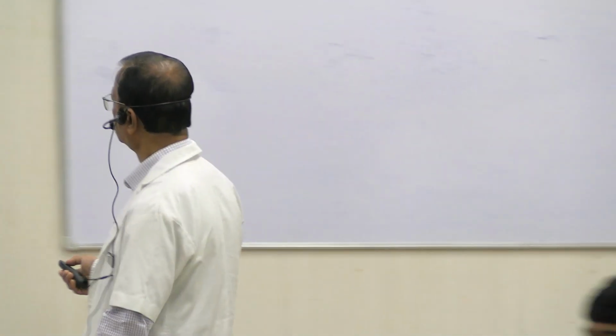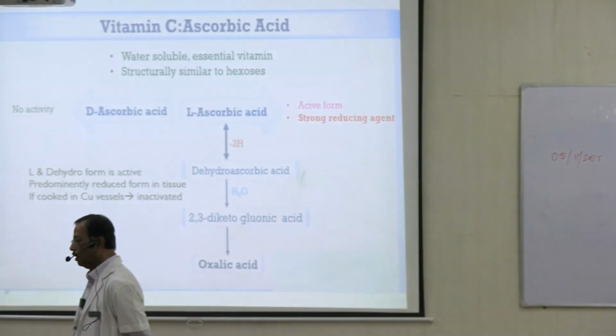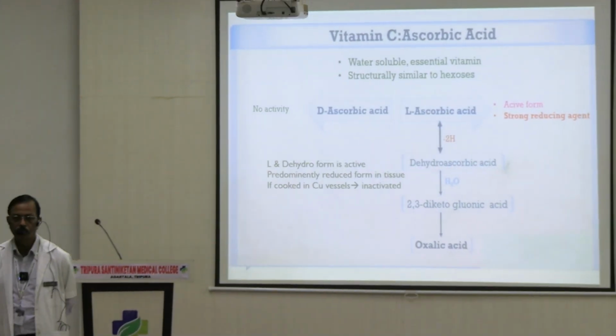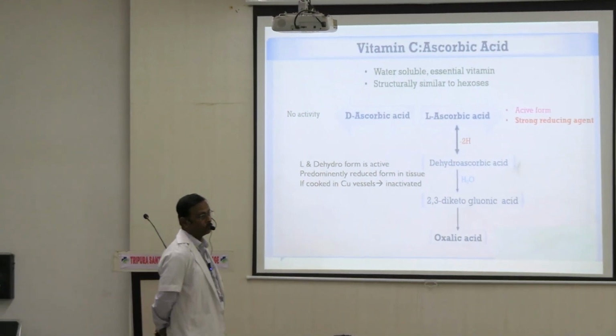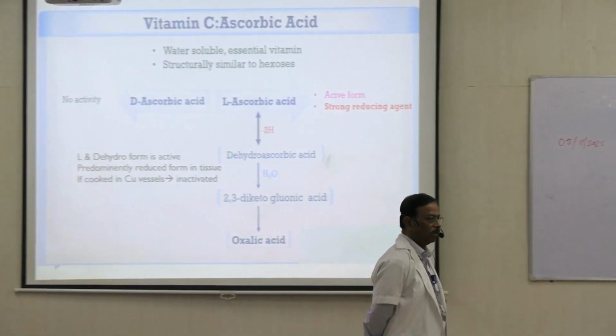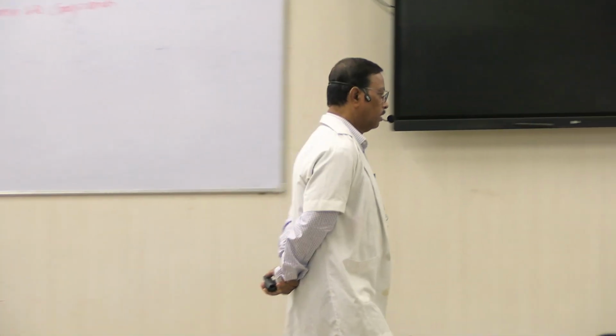We have stressed this reducing property because in the bedside clinics, when you test urine for presence of sugar, glucose is also a reducing agent because of its free aldehyde group in carbon number 1.